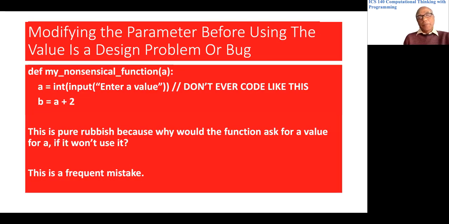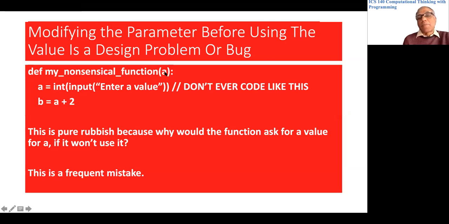I have about 3 slides in this presentation that are having a red background to convey the message that you should not be doing certain things when you write functions. One of them is that when you write a function, define my nonsensical function with a parameter A, do not modify the value of A before using it.